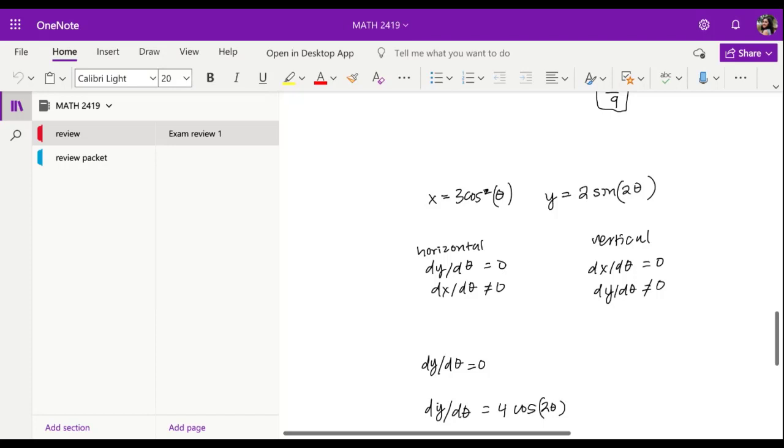So where are the points that equal 0? Can anyone tell me? We can just set this equal to 0. We have cosine 2θ equals 0, and θ will be equal to π/4, 3π/4, 5π/4, and 7π/4.